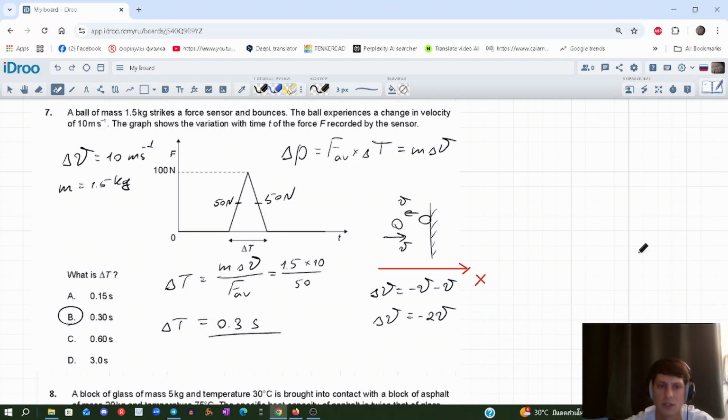This is 50 newtons. And here it's the same, 50 newtons as well. So the total average force for this delta t time is 50 newtons. 50 plus 50 over 2 is 50 as well, right? So we divide by 50 and we will get 0.3 seconds, which is option B.